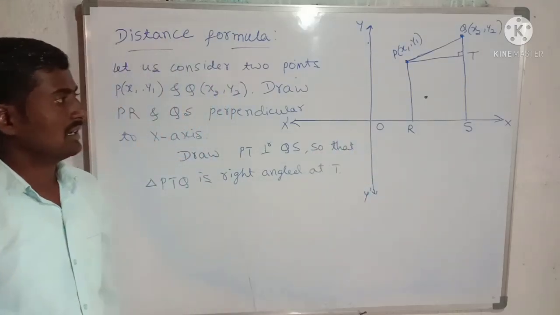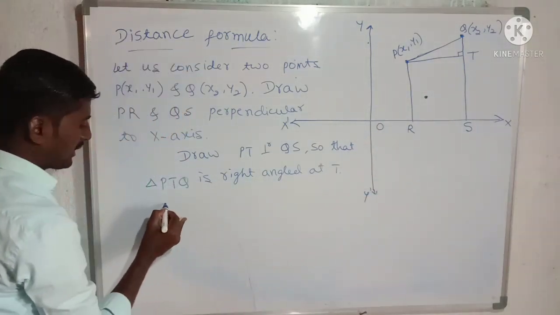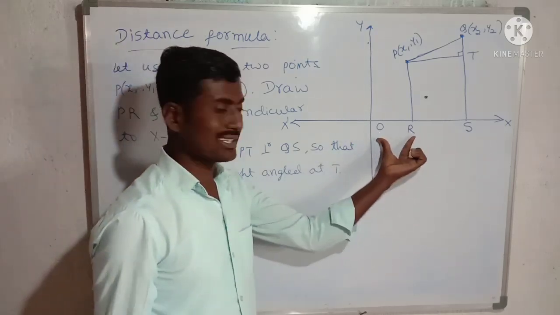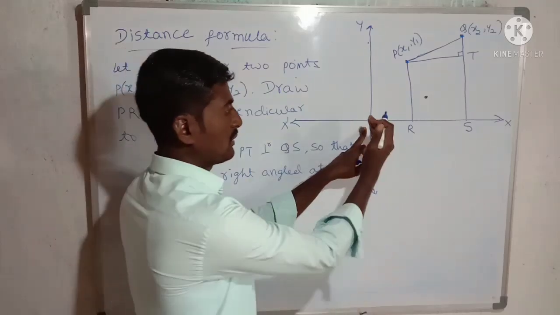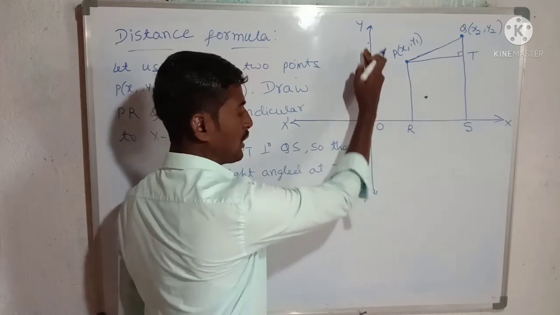Now in place of OR, what can I write? It is nothing but the distance of the point R from the origin. So it means the distance of a point from the y-axis.